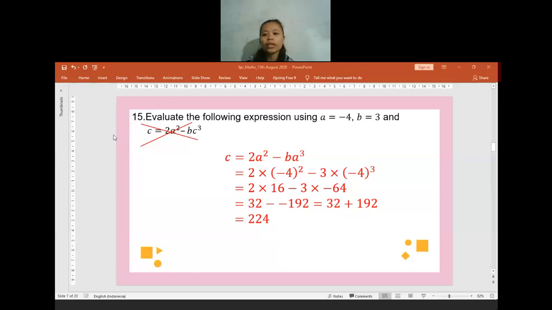Let me know if you are already done and I can move to the next question. Is there any number that is difficult and we need to discuss more, for question 1 until question 15? No? We are already done with all of the revision questions.